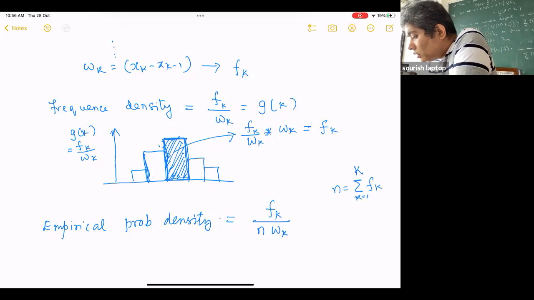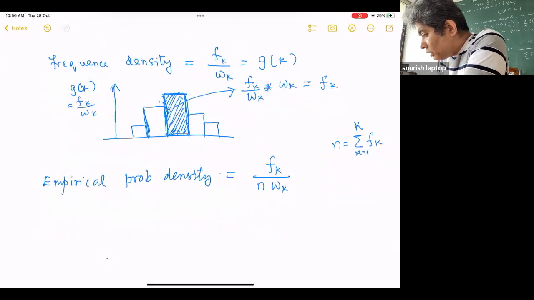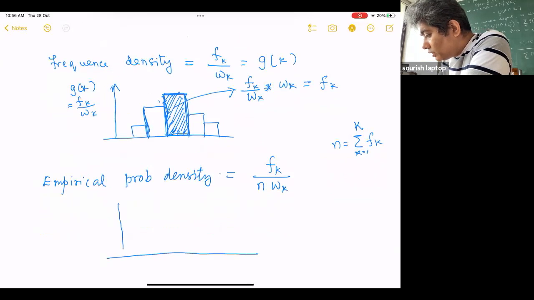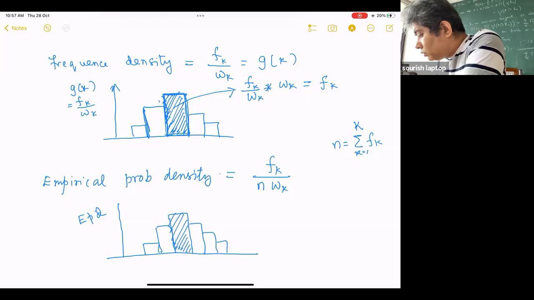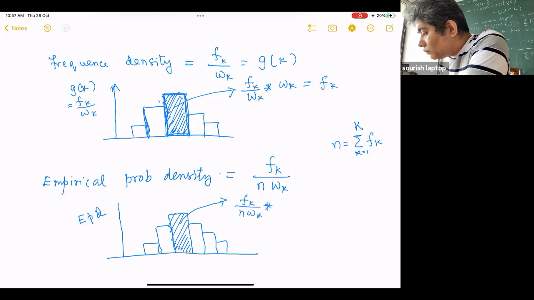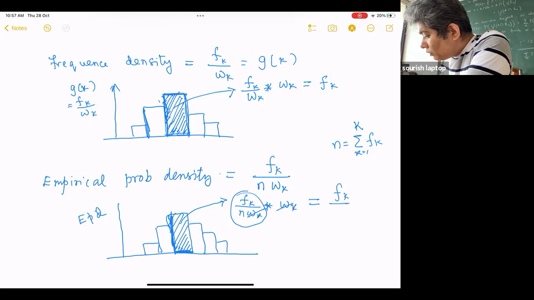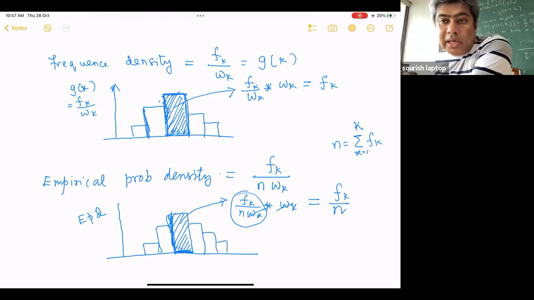Now, if on the x-axis you plot your bins, and on the y-axis you plot the empirical probability density, fk by n Wk, with bin size Wk, then as Wk cancels, your area is basically fk by n.